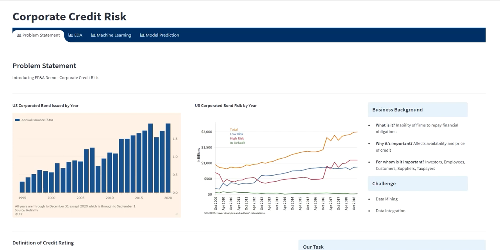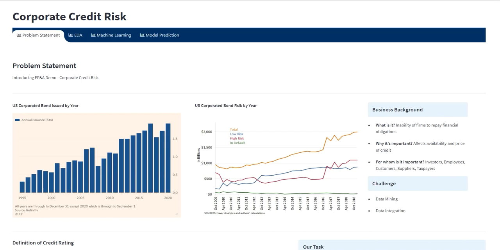The data we use are financial statements and credit rating history from companies publicly listed in the United States, mainly on the New York Stock Exchange and NASDAQ.